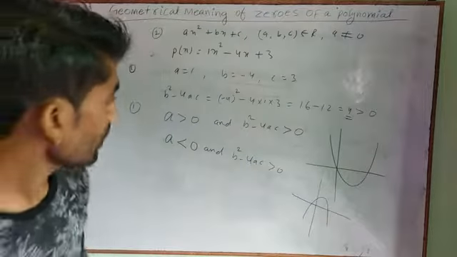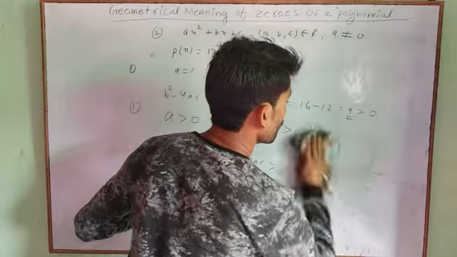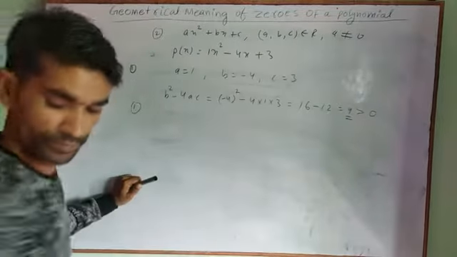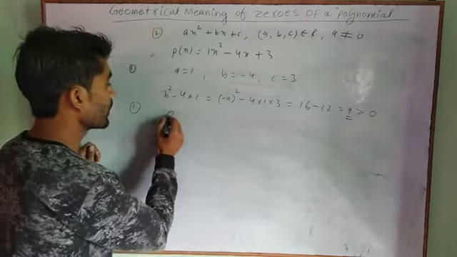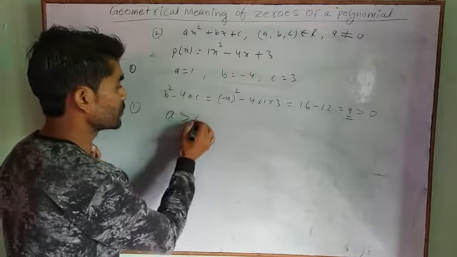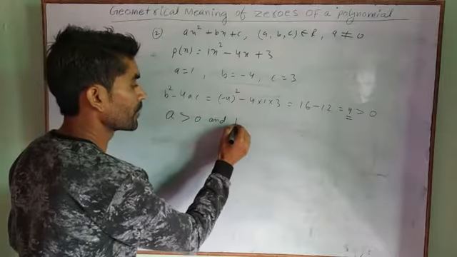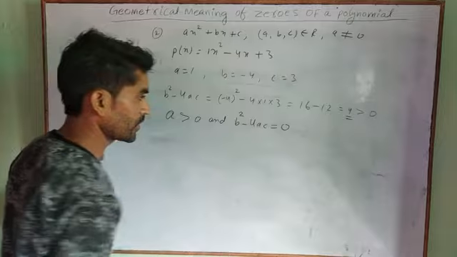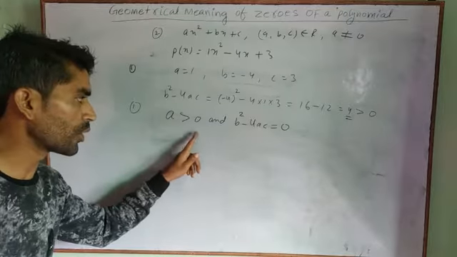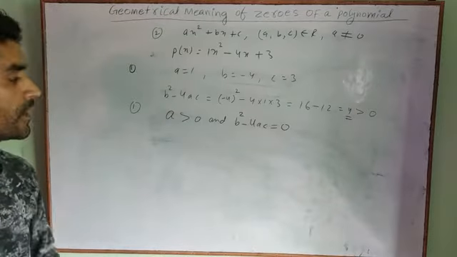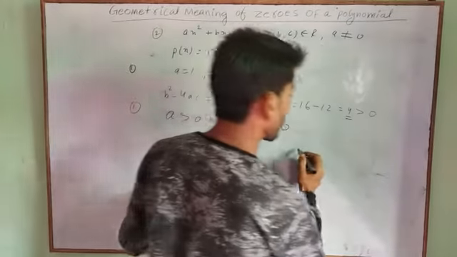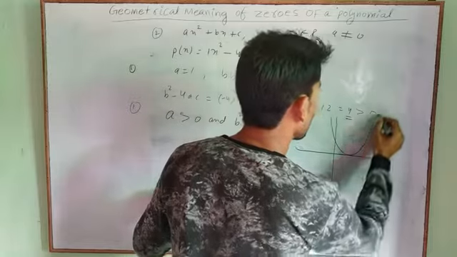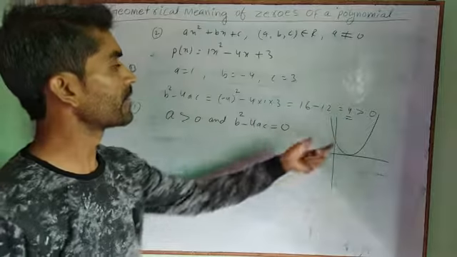Okay. Now we have four more cases here. If a is greater than 0 and b square minus 4ac is equal to 0, then the graph will intersect the x-axis at only one point, and it will open upward.